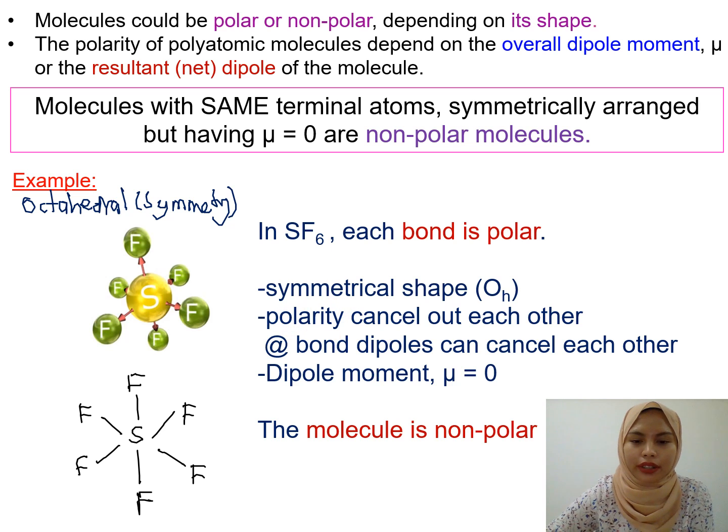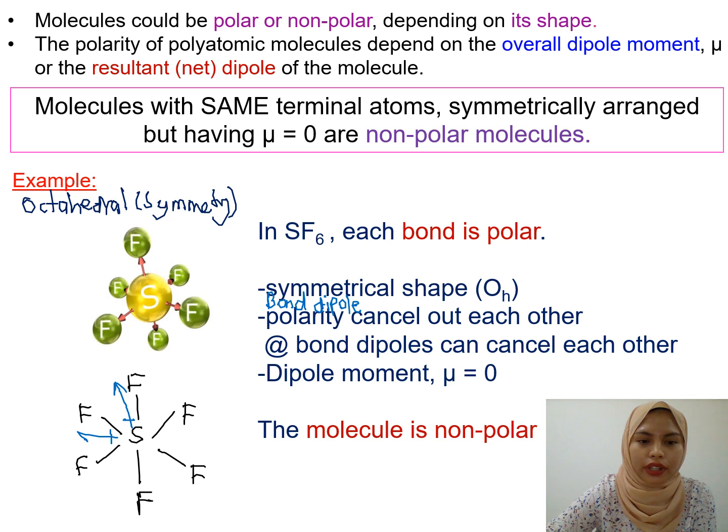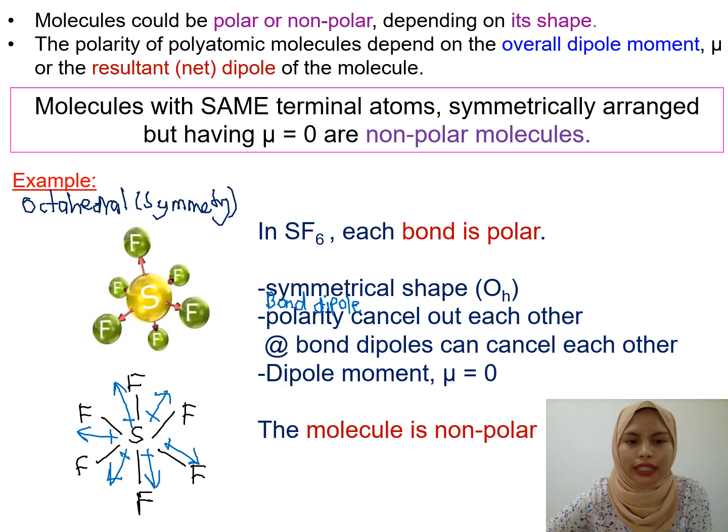Tetapi dia punya polarity, or we can say it as bond dipole, tetapi dia punya bond dipole can cancel out each other. How so? So kita kan cakap nak lukis bond dipole kan from less electronegative kepada more electronegative atom. Okay. So if you draw the bond dipole dekat each of the bond in SF6, you will know that bond dipole dia boleh cancel out each other.